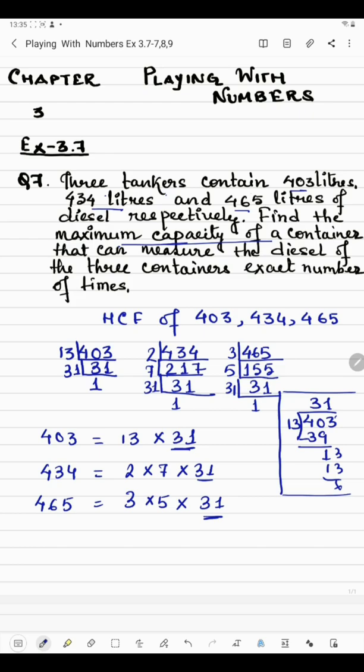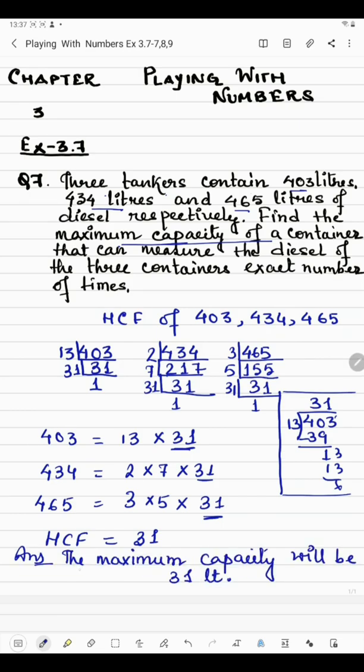So 31 is the highest common factor. So we will write the HCF is 31. Okay. So we'll write the answer. Find the maximum capacity of a container. The maximum capacity will be 31 liters.